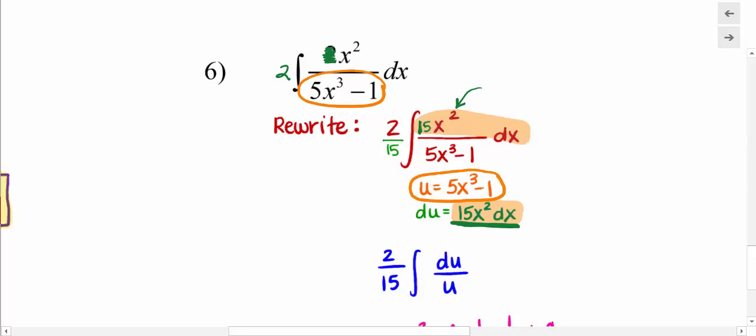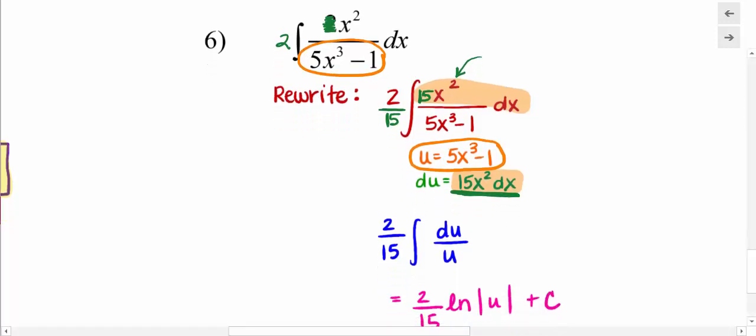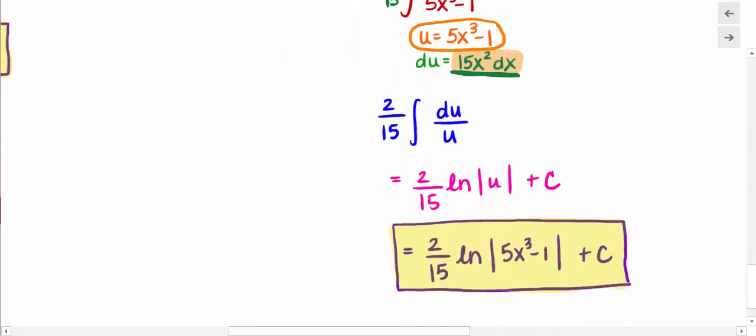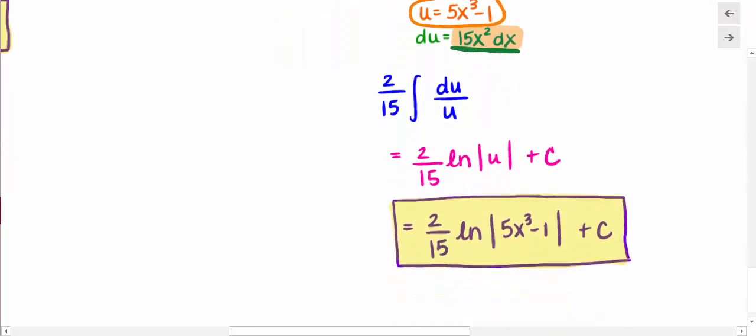So I can multiply the inside by 15 as long as I divide the outside by 15 or multiply by 1/15. And then what I'll notice is I just have 2/15 on the outside of my antiderivative. The numerator is du, the denominator is u. That integration is the natural log. Just don't forget your absolute value bars to make that domain match.